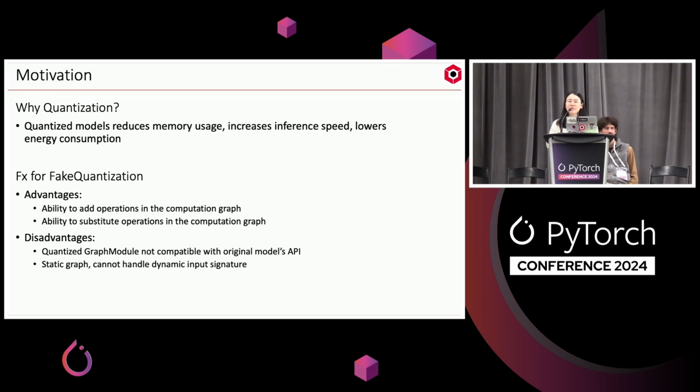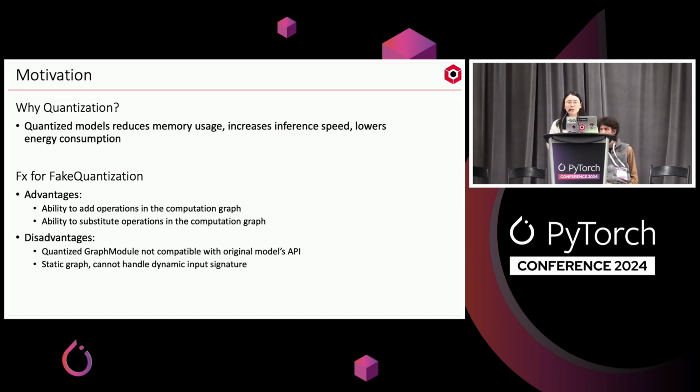However, using FX for quantizing LLMs presents several challenges. First, the quantized model produced by FX is a fx.GraphModule, which is no longer a first-class citizen of the PyTorch ecosystem. For example, if a user obtains a LLM from Hugging Face, it will contain specific functionalities like the generate method.